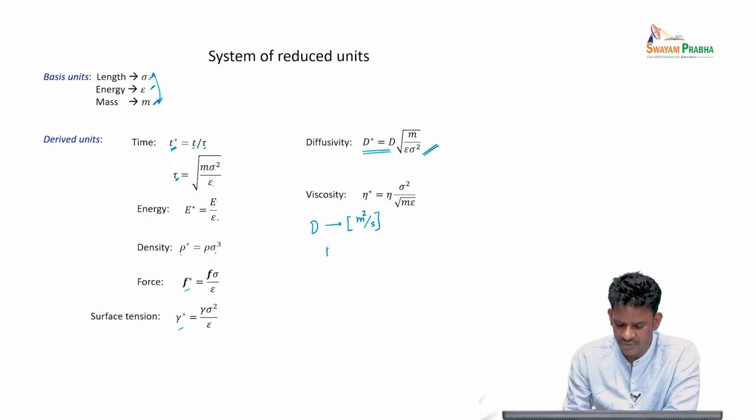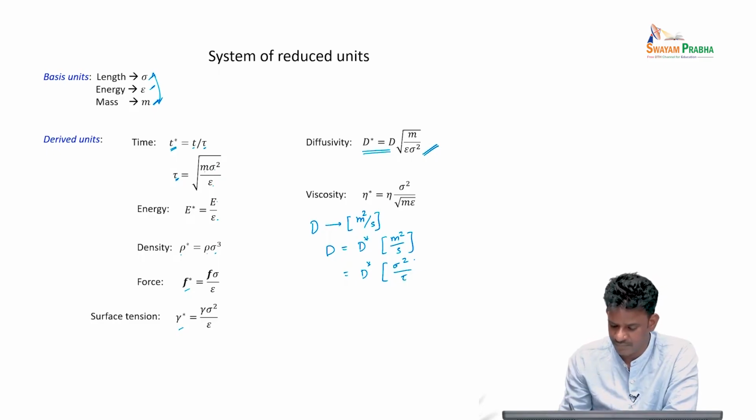Okay, so we want to write D is equal to some D star times meter square by second, and for meter square, that is the length squared, we use sigma square. For time, we use tau, and tau is written as square root of m sigma square by epsilon, like this.